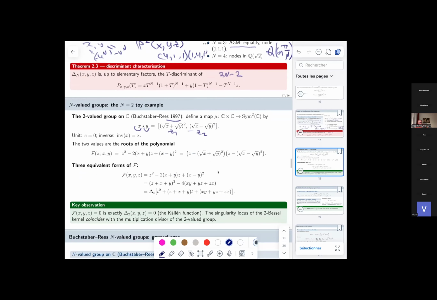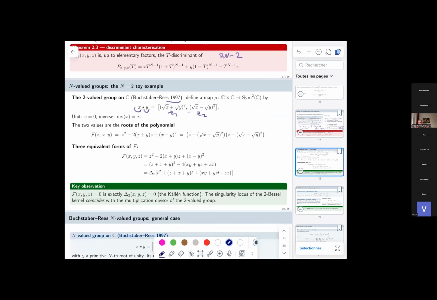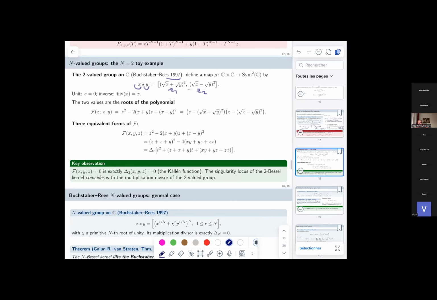Of course, I have no time to verify all properties of this beautiful two-valued law, but it is not only a discriminant, it is also a determinant. You can represent this law in determinantal form, and this is an important point when you apply a generalization of this law to computation of, for example, finite integrals.